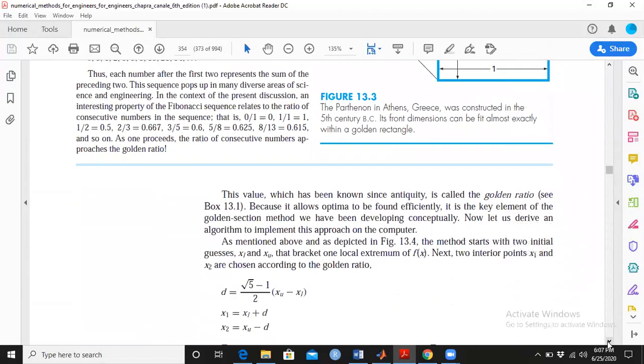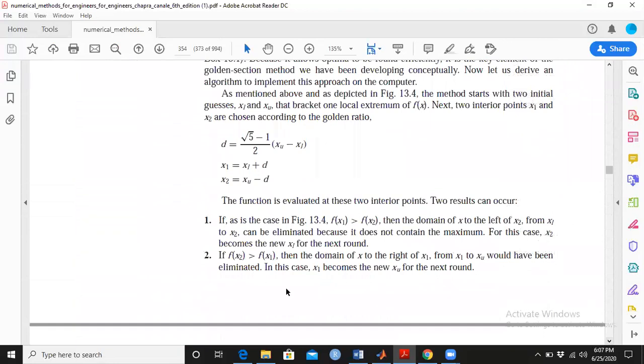Next, we will say that we have D as R times XU minus XL. To go to the next iteration, X1 is XL plus D and X2 is XU minus D. In this way, we will find f of x1, then f of x2.